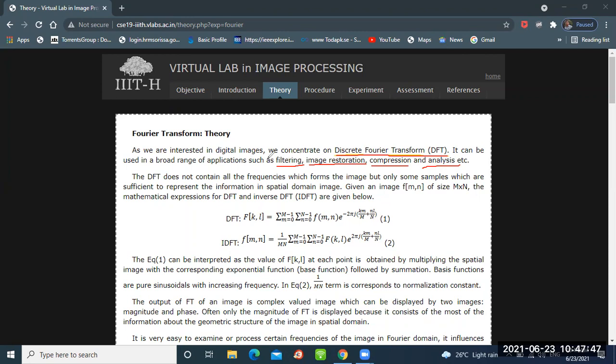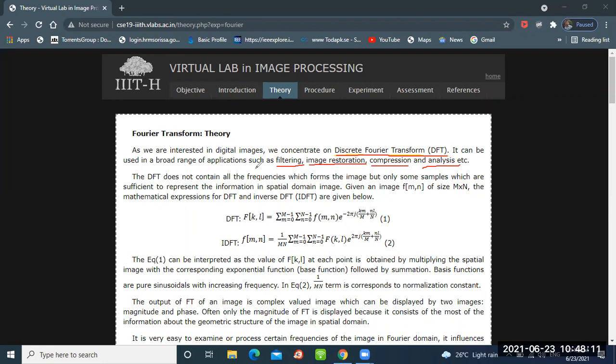Then the DFT does not contain all the frequencies which form the image, but only some samples which are sufficient to represent the information of the spatial domain. The first point to note is that whenever you perform a DFT, it does not mean the entire image is converted to the frequency domain.